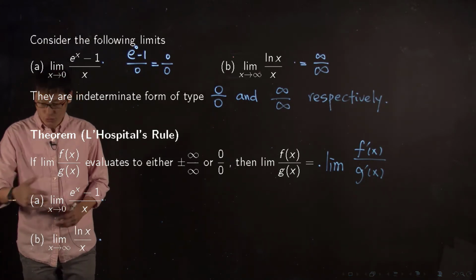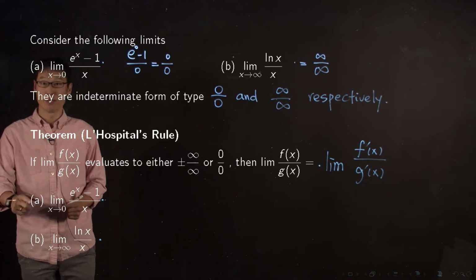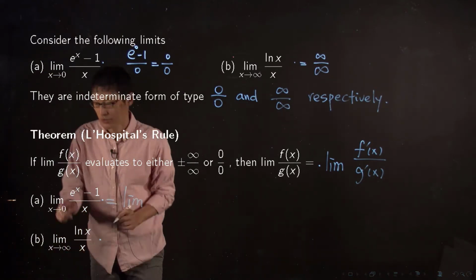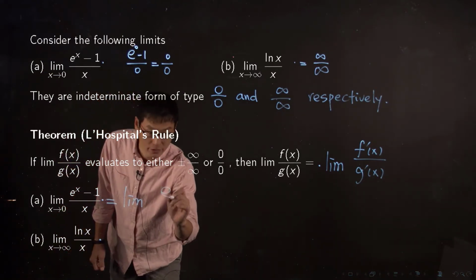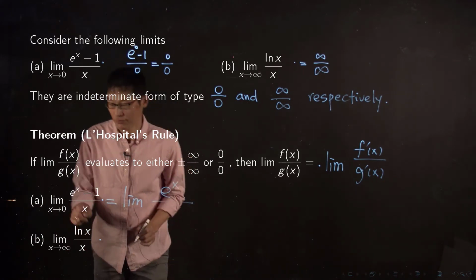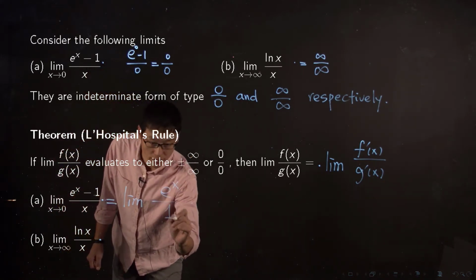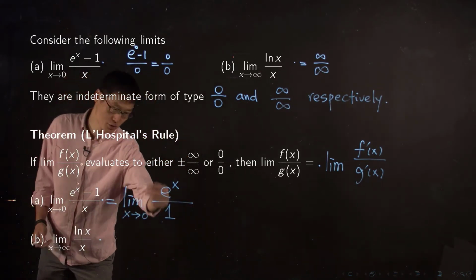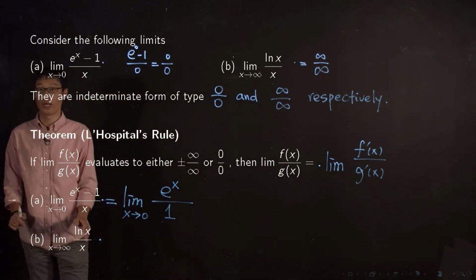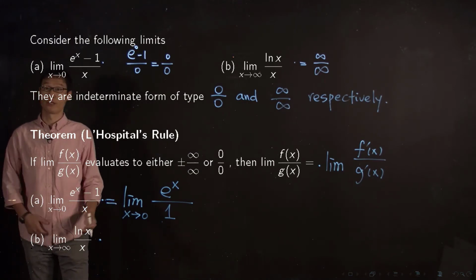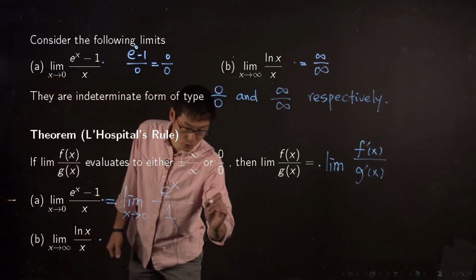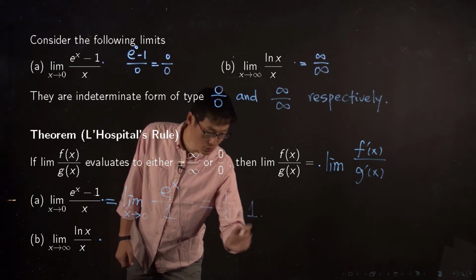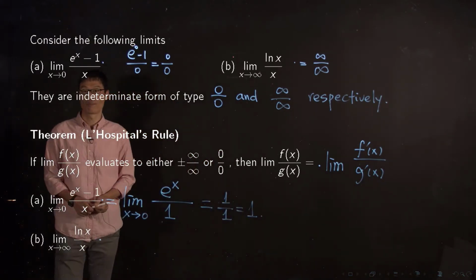L'Hopital's rule says that this limit becomes the limit of the derivative of the numerator over the derivative of the denominator, which is 1. Now you see the resulting expression is simpler than before, and we are ready to plug in. x equals 0 will give you 1 over 1, which is 1. So this is how to apply the theorem.